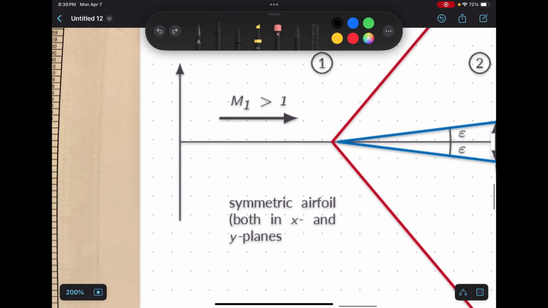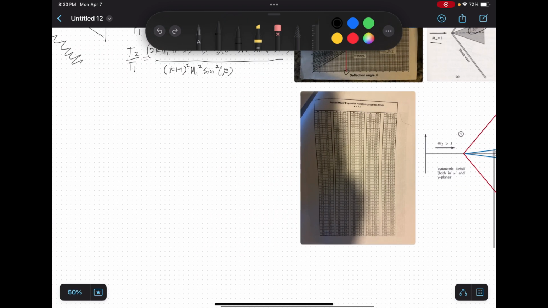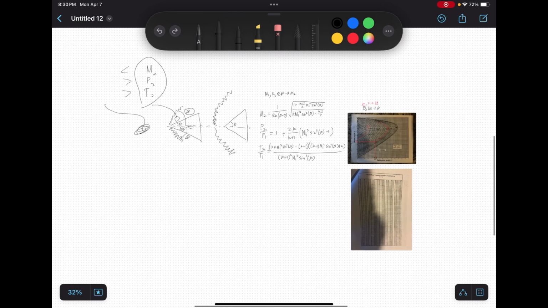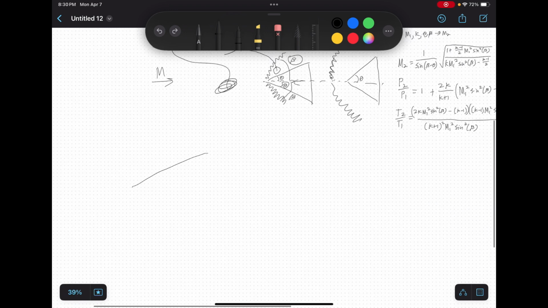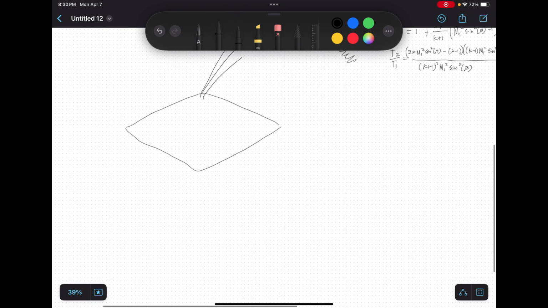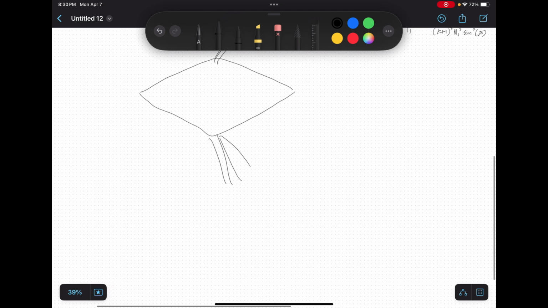So, what do you do? Okay, let me draw out what they have. I'll draw it on the bottom because the top is pretty crowded right now.